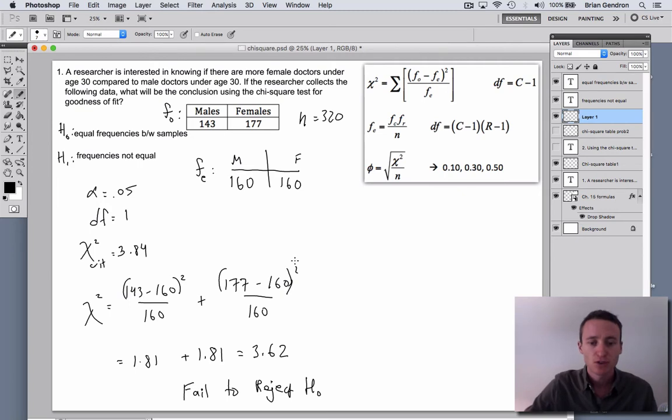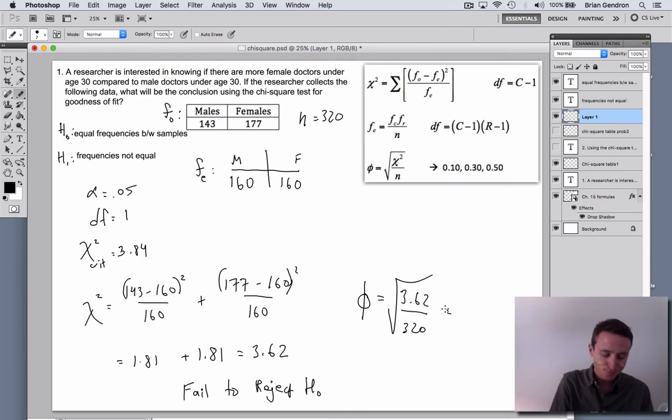All right. So even though we did not find a statistically significant difference, let's go ahead and calculate effect size just for practice, which is phi. And phi is a measure of how big the difference is. And here's your size interpretations. So our chi-squared calculated value was 3.62. There were 320 people in our study.